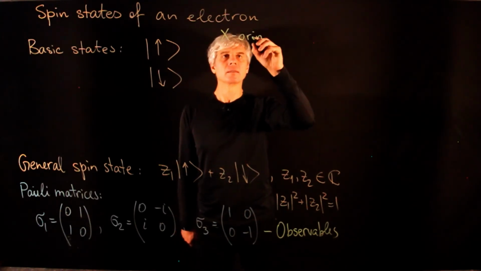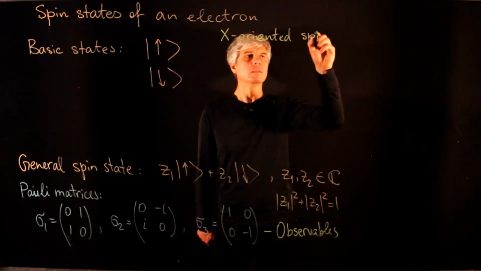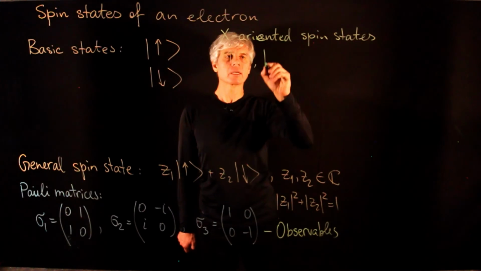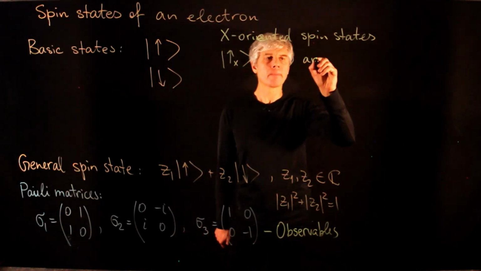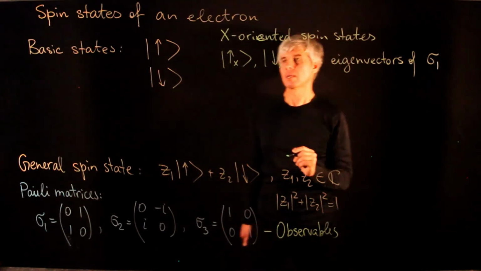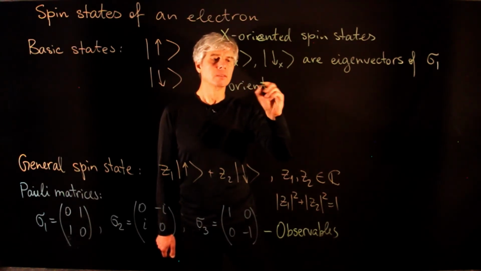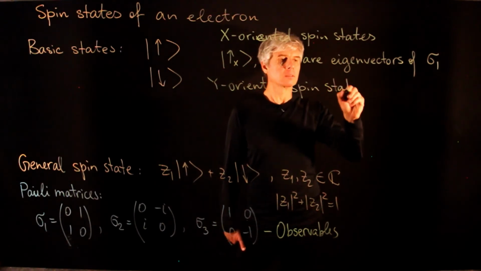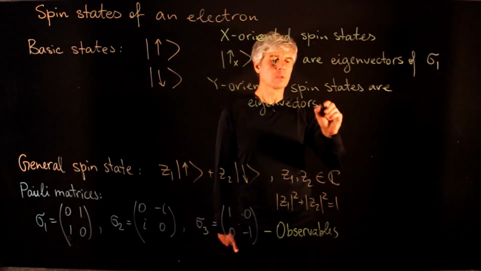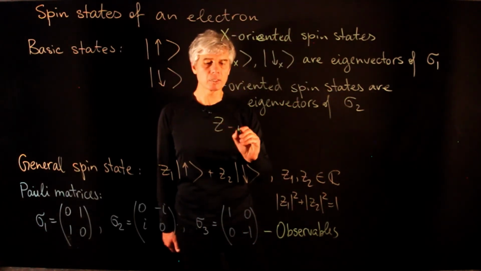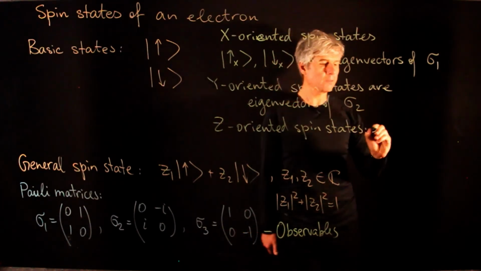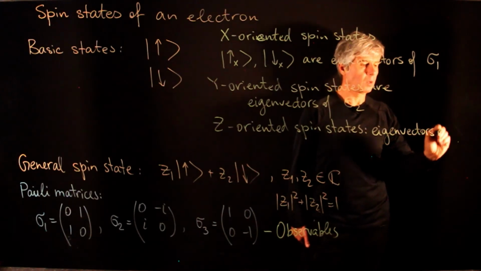the x-oriented spin states, so we can call them spin up in x direction and spin down in x direction, are eigenvectors of sigma 1, then y-oriented spin states are eigenvectors of sigma 2, and z-oriented spin states are eigenvectors of sigma 3.